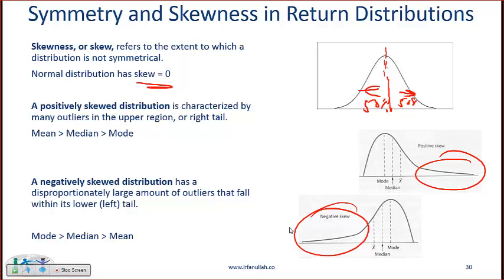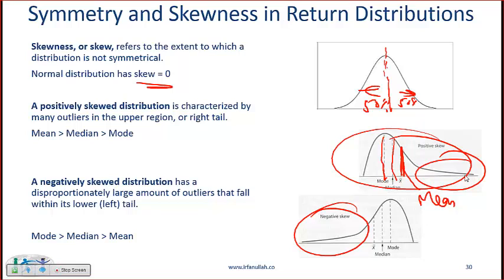A very testable item is that with a positively skewed distribution, the mean will be higher than the median, which will be higher than the mode. So this is the mean. And the reason is that these outliers have the largest impact on the mean. So always think of the outliers as pulling the mean the most.